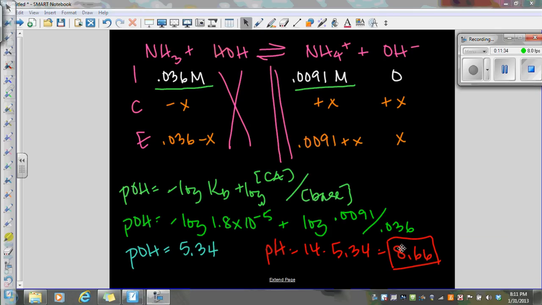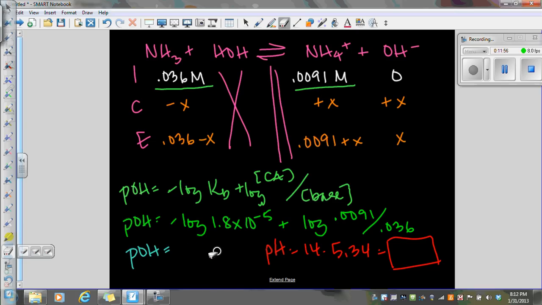Okay, so I'm looking at this number and I'm thinking this does not look right, because I only added 10 milliliters and this wouldn't be a lot of buffering if I started at 11.08. So I need to go back and check my setup. Everything is right, and then I checked my calculator. I realized I did not do the log of this ratio. I just did the negative log of 1.8 times 10 to the negative fifth plus this ratio.